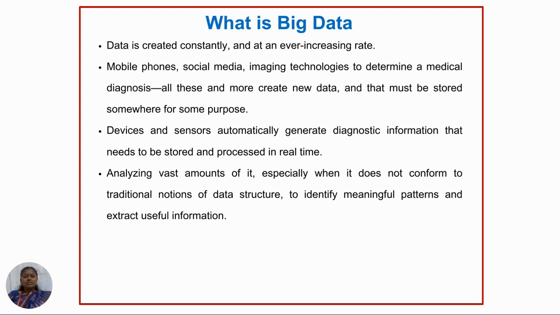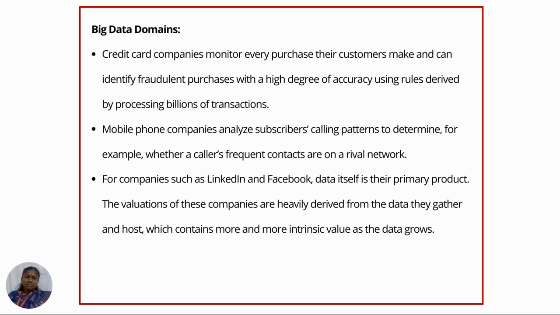Now, let me see what are the areas that big data covers. Nowadays the business sector, government agencies, all kinds of sciences, and everyday life are merged with big data. Let me see the domains covered by big data one by one. The first one is credit card companies.